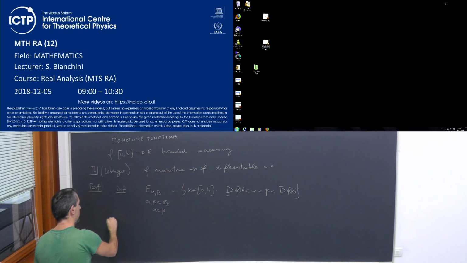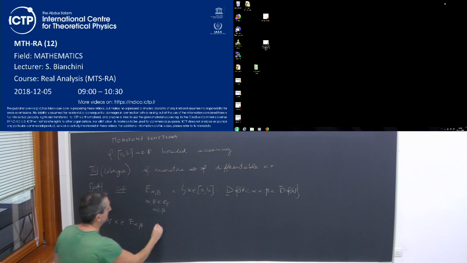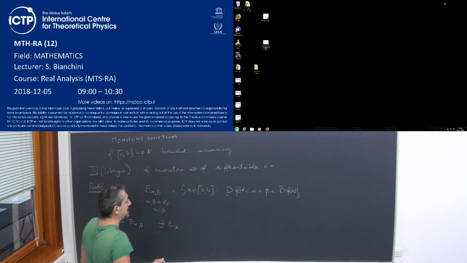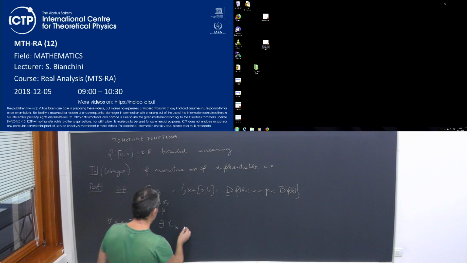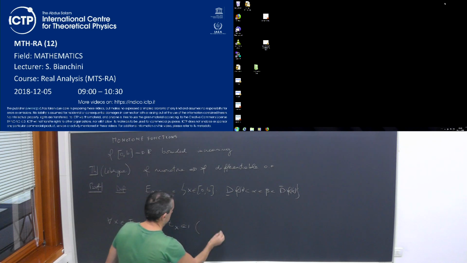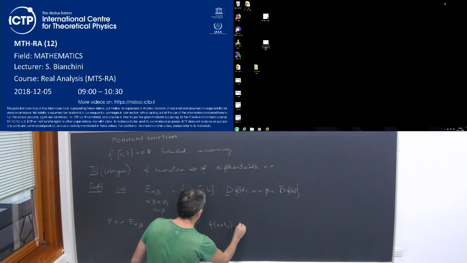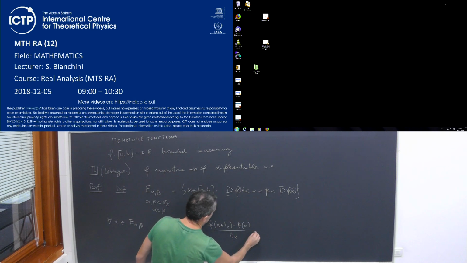So we know that for each x in E, there exists some t, which depends on x, such that t is small, as small as you want, such that (f(x + t_x) - f(x))/t_x is less than alpha.